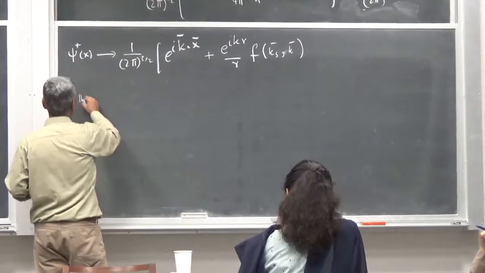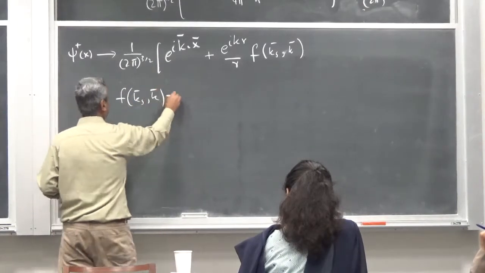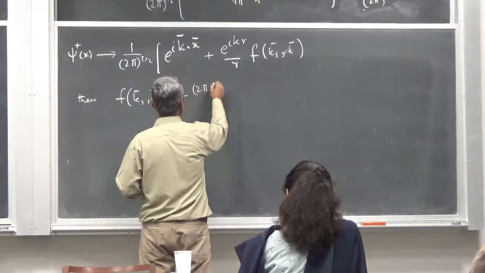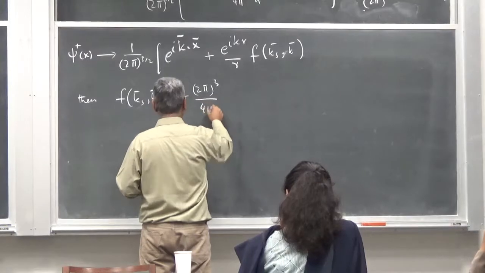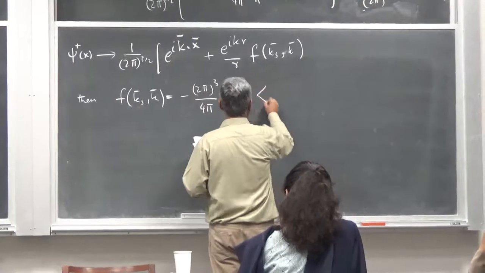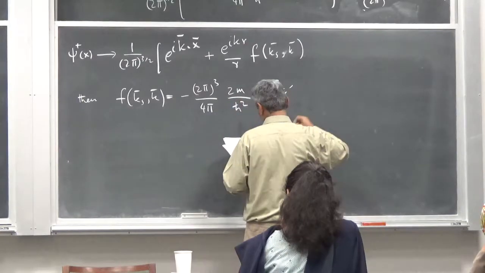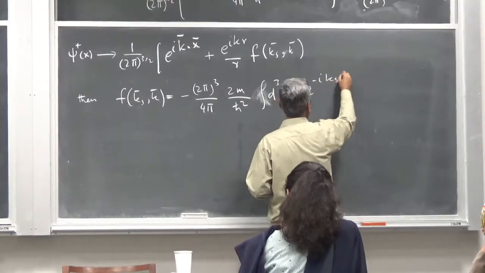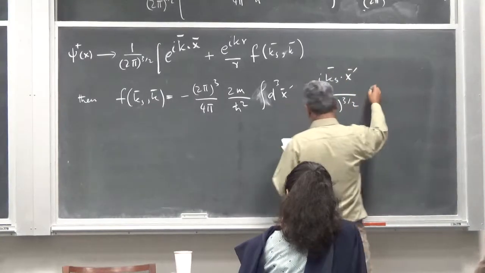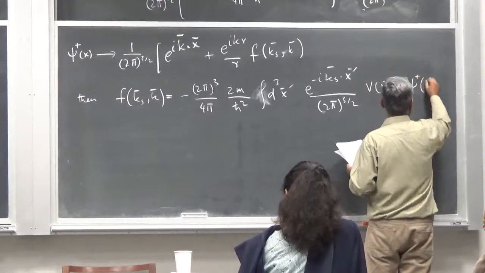Then f of k_s, k, this thing is minus 2 pi cubed over 4 pi, 2m over h-bar squared, integral d3 x prime, e to the minus i k_s dot x prime over 2 pi to the 3 halves, V of x prime, psi plus.